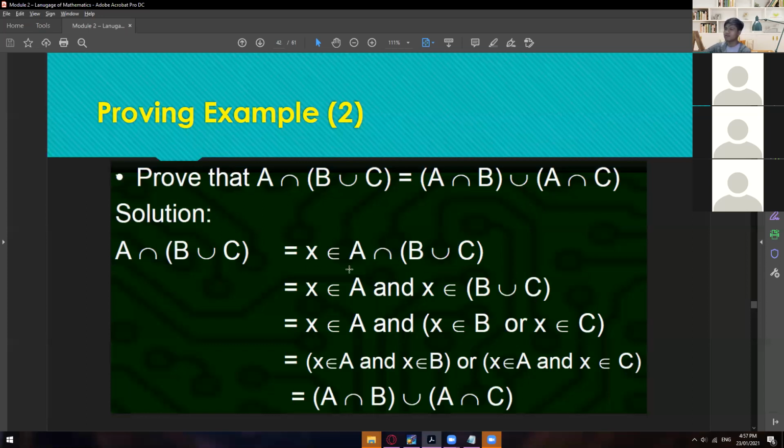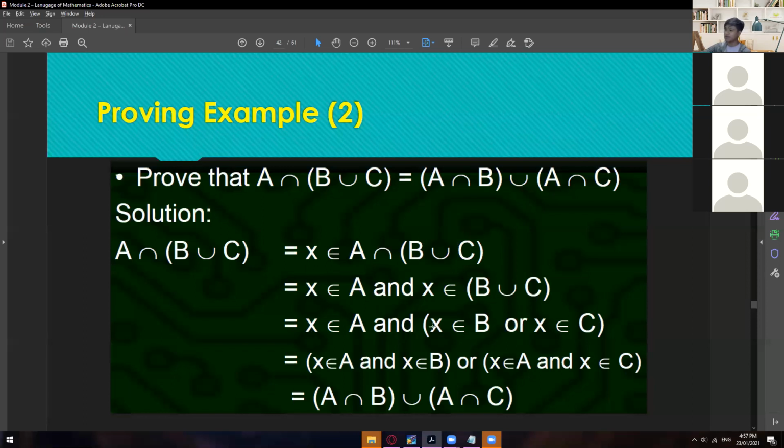Okay, so what is the next thing? This one is now converted into laws of logic, wherein intersection is equal to and. So x is an element of A and x is an element of B union C. This union is equivalent to or.